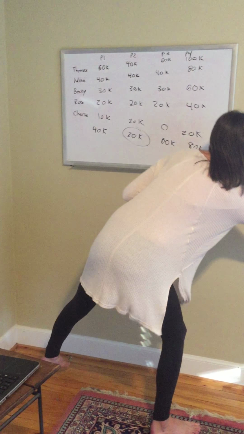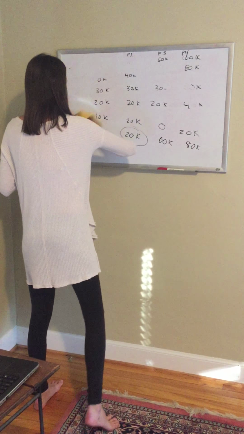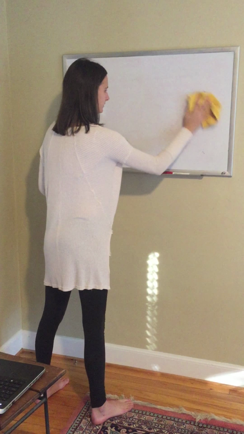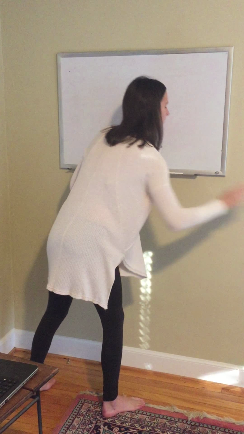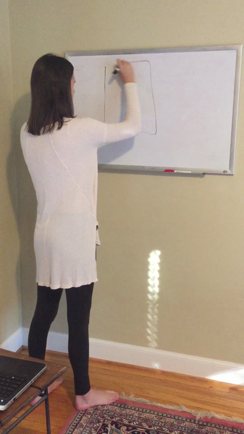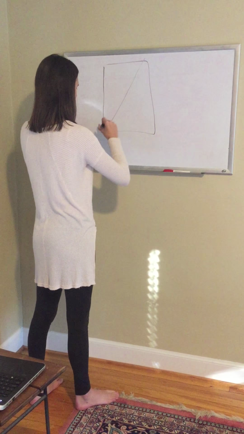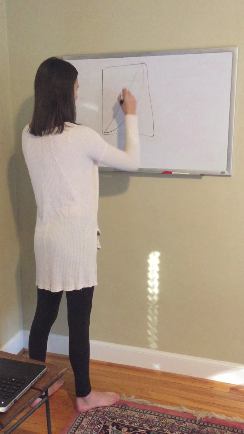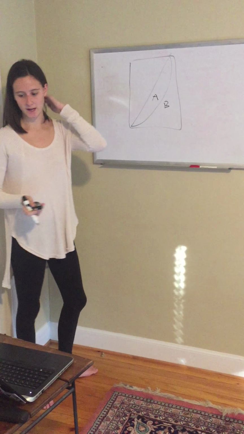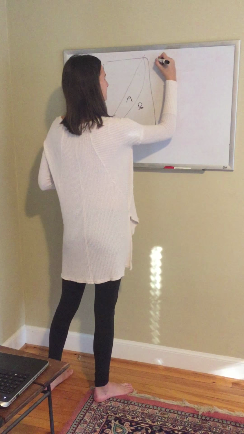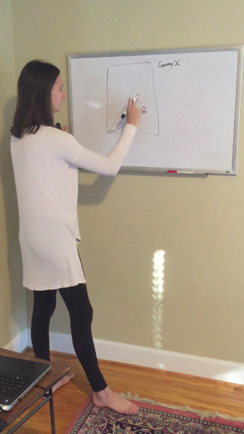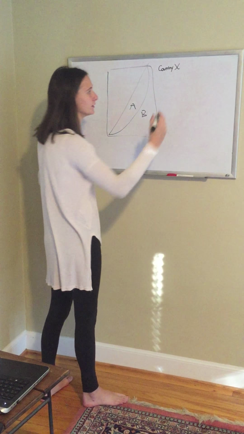And then I'm going to do one more Gini coefficient problem to end out this presentation. Okay, I'm going to draw a Lorenz curve again. This is A, this is B. Okay, let's say for country X, the area of A is equal to 0.5.